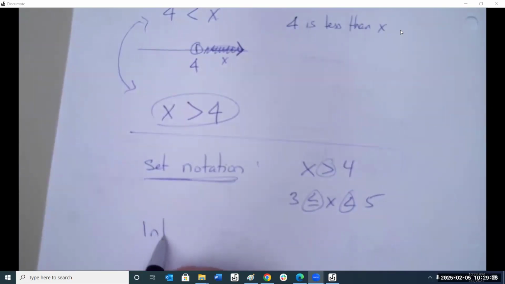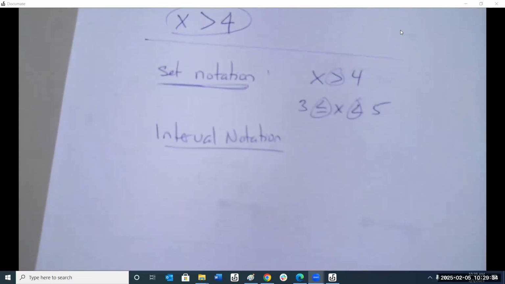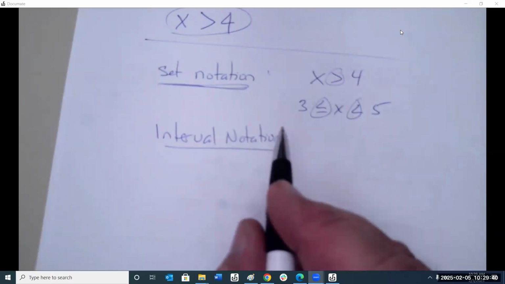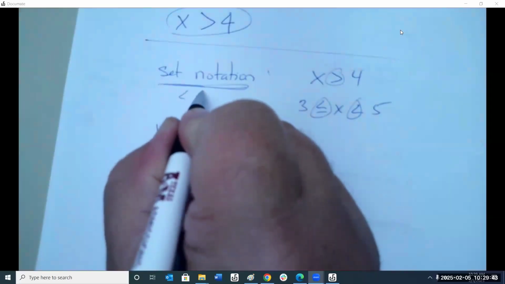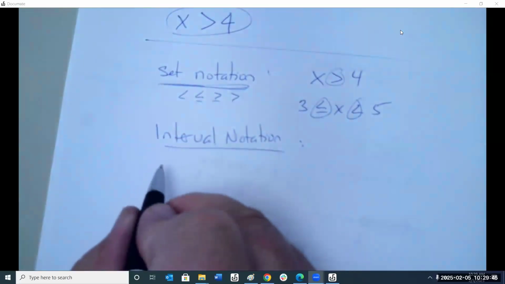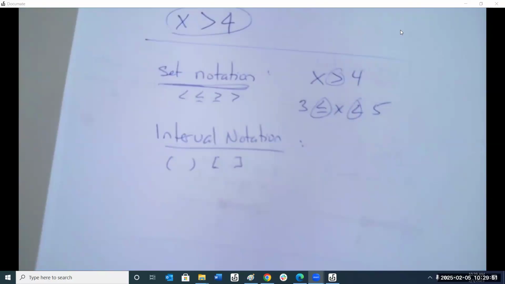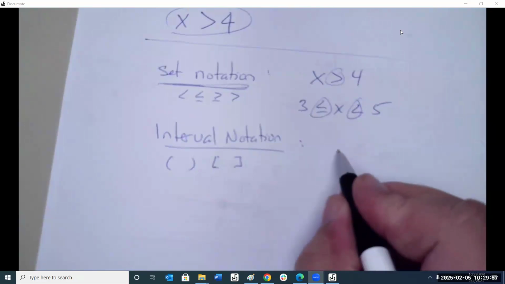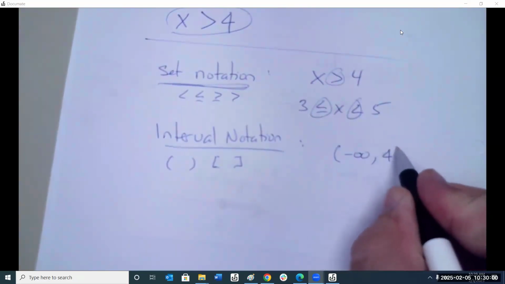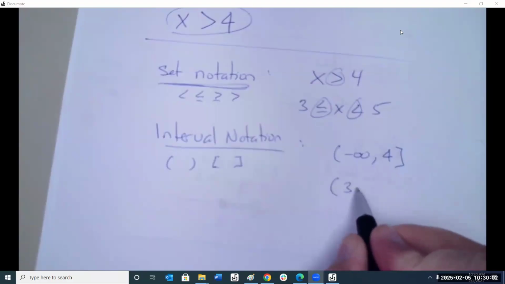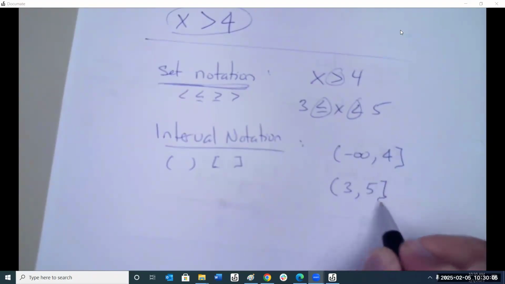The next type is called interval notation. Interval notation deals with parentheses and brackets. Like that.